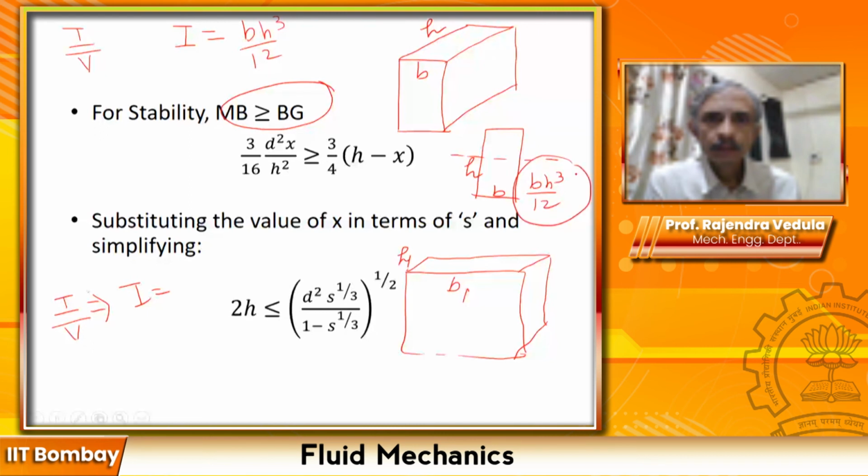Now, what is the axis about which I need to take this moment? Is it this axis or is it this axis? This has to be very clear. So this, let us say, is x, x, this is y, y.